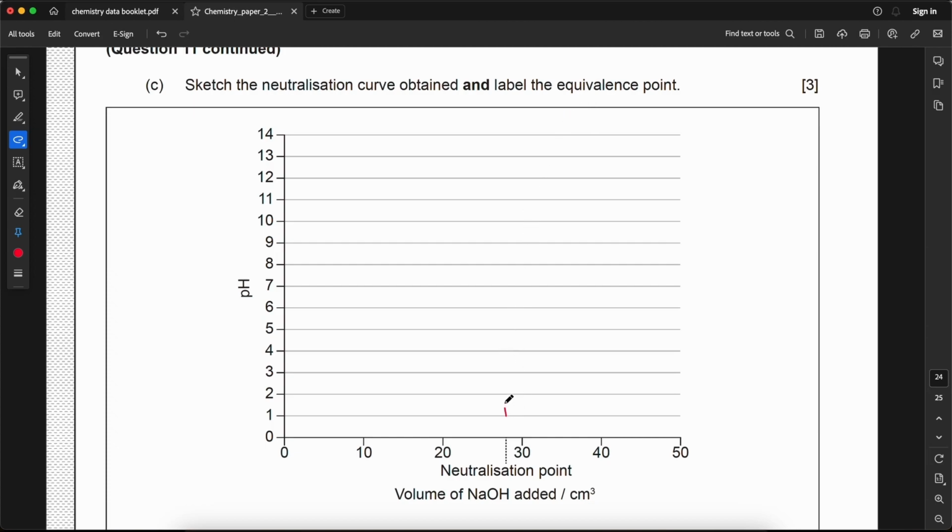Sketch the neutralization curve obtained and label the equivalence point. It will start at 1.59, from the calculation in the previous question, and it stops at 13.559. So that would be like this, and then I will just make it a bit nicer.